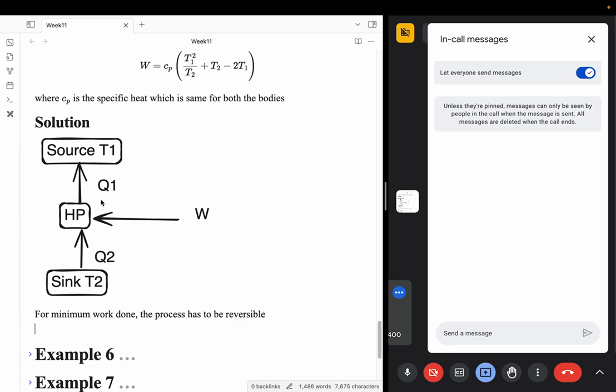So if you consider your heat pump as your system, the net entropy change for your heat pump should be 0, which means you have the heat from the sink. So it will come out to be Q2 by T2, that is a heat addition, minus Q1 by T1 equal to 0. Can I write this relation here?